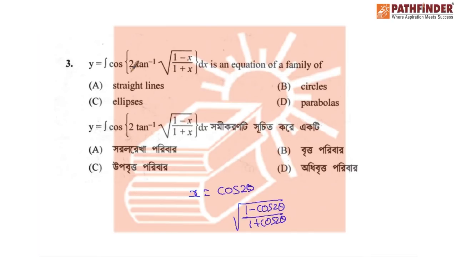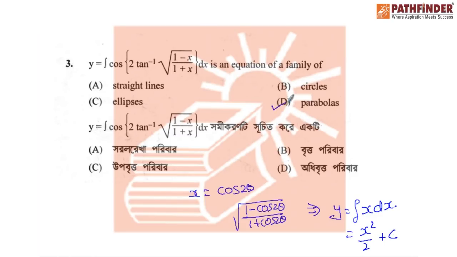So we will get twice of tan square theta is cos 2 theta. So finally we will get y is equal to integration of x dx only, which is equal to x square by 2 plus c, which is a parabola, which is given in option D.